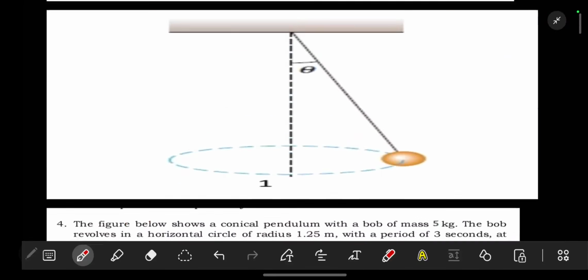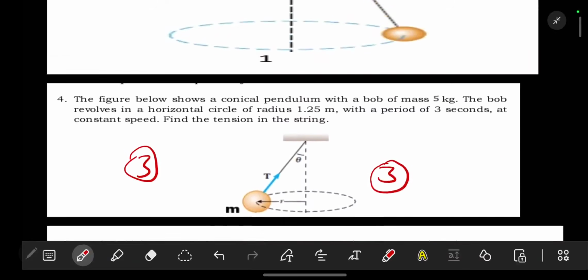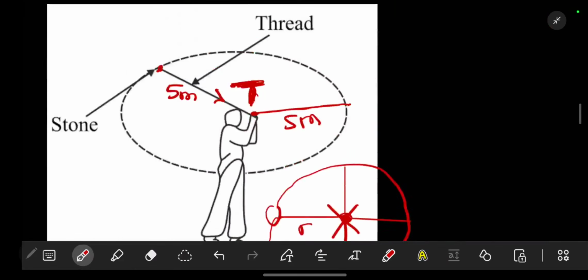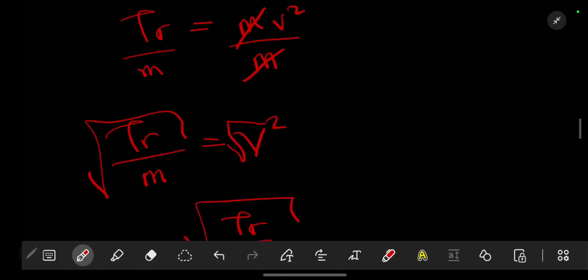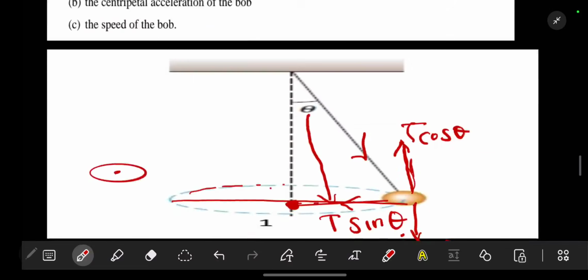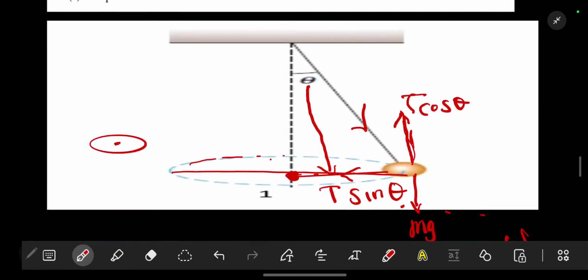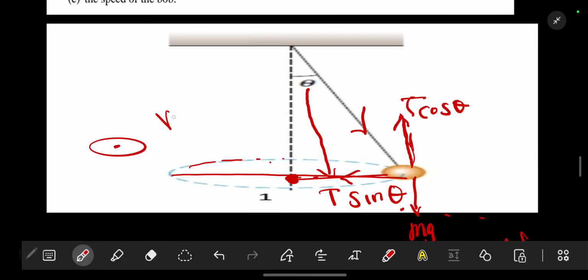So with that, we have our next one. It says the centripetal acceleration of the bulb. So remember, centripetal acceleration can be found as v squared over r.